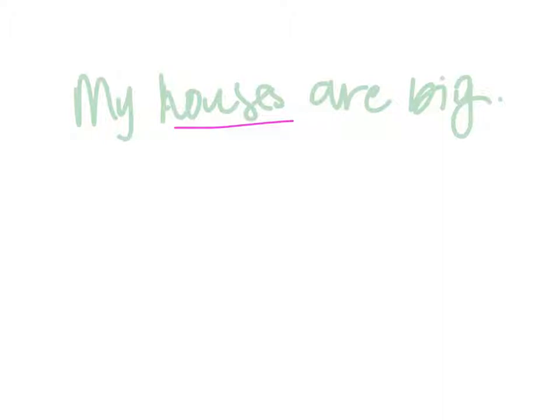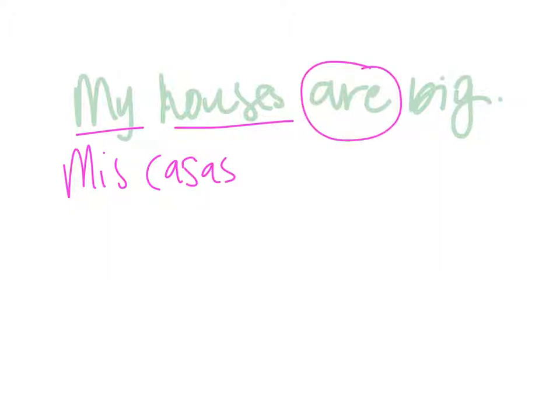Because this is plural, then my possessive adjective has to be plural. So instead of mi, it's going to be mis casas. Now, sorry that my pen is acting up. Remember, this is a different verb than is because this subject would be like saying they, not like saying it.